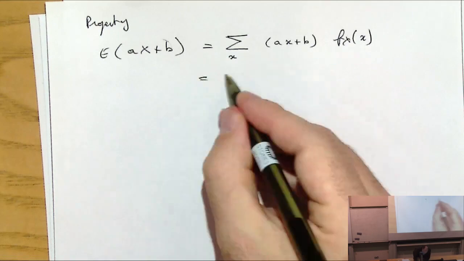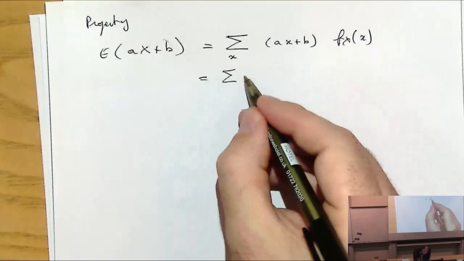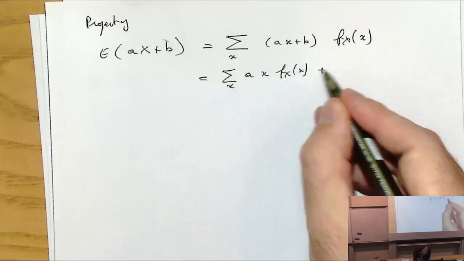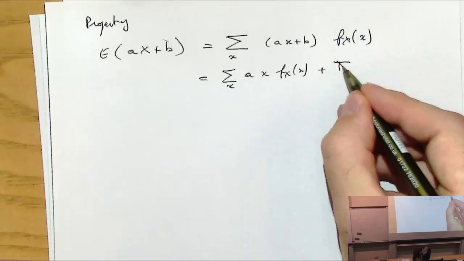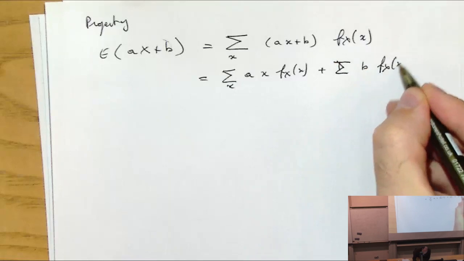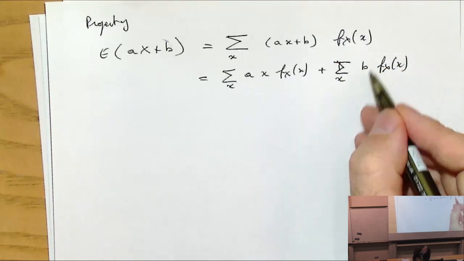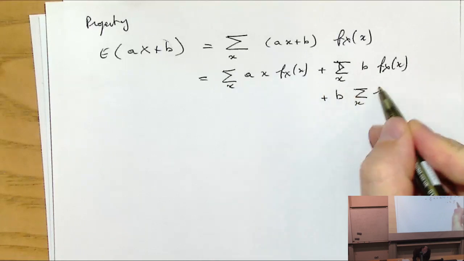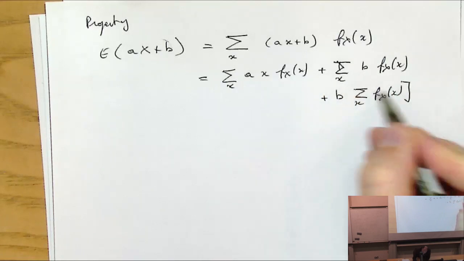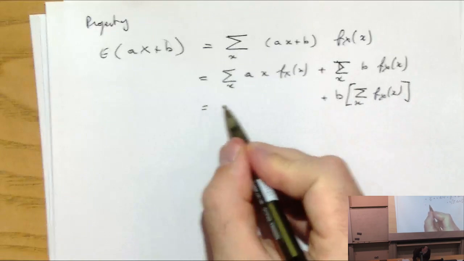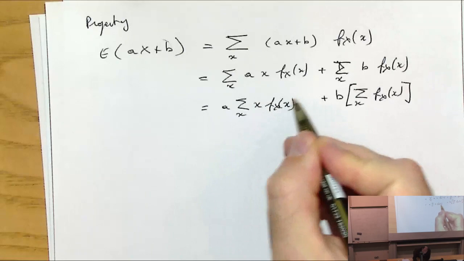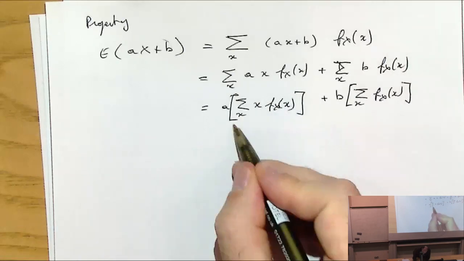And now I can expand this. I have a sum of AX multiplied by the probability mass function plus a sum of B multiplied by the probability mass function over all x. I can bring B outside here, so this is B multiplied by the sum of this. And here I can bring A outside, and I have x multiplied by this. So what is this quantity?